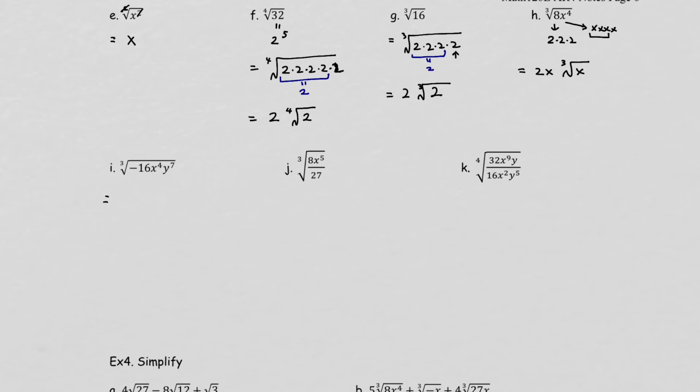What about this one? Negative 16, right? So inside of the cube root, negative 16 is negative 2 to the 4th exponent. So all 3 of the same can be out.